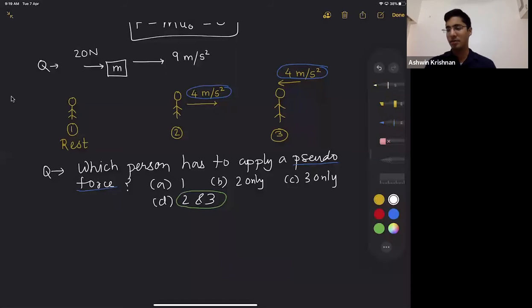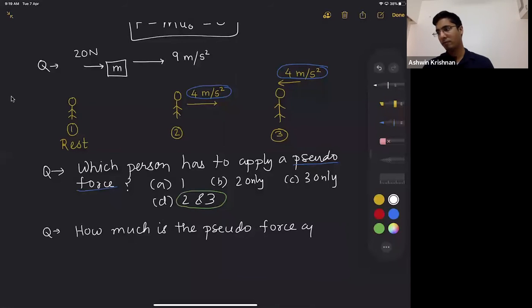Now, second question, how much is the pseudo force applied by the person 2?